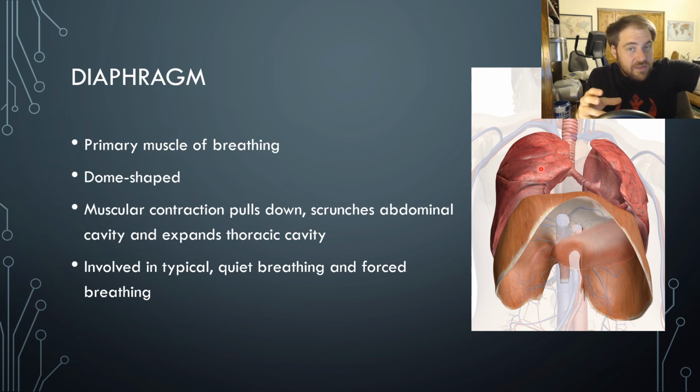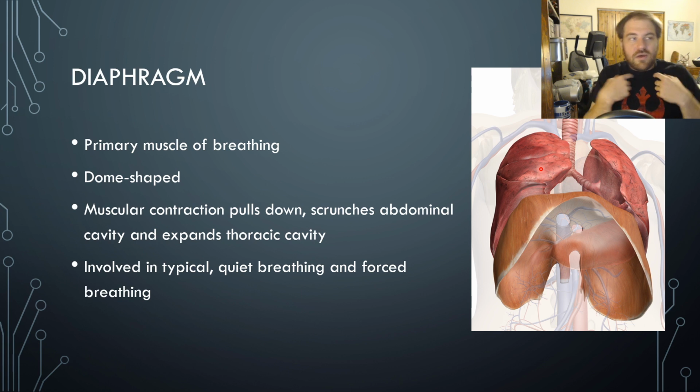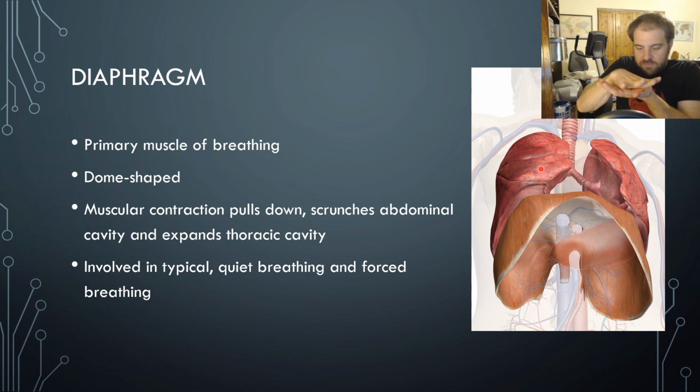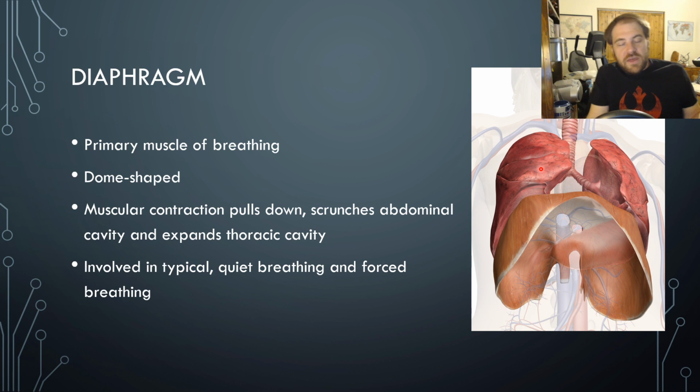The lungs fill up to take up that space, and the air rushes in the mouth or the nose, or if you have, say, a tracheal tube, any opening, and it fills up the lungs. So the diaphragm squishes down. That's the active portion of breathing. But everything else, the filling up of the lungs, that's all passive. That happens because of pressure differentials inside the thoracic cavity.